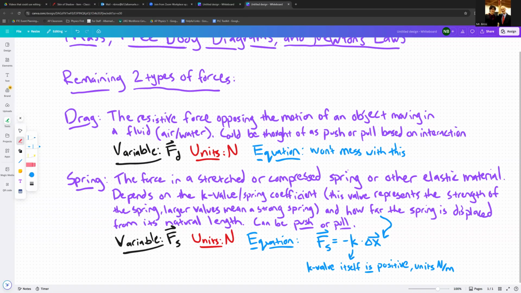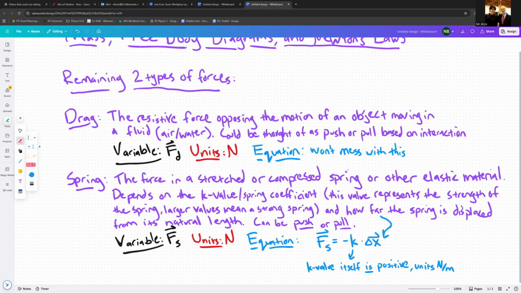But if you have a spring and you squish it in, you compress it to the right, then you might get a positive displacement if you assume that right is positive, and it just depends how far you compress it, right? If the natural length was 0.4 meters and you compress it so it now has a length of 0.2 meters, then you compressed it by 0.2 meters. So that displacement is always going to be how far did you stretch or compress the spring from its natural length to the length that it is now. And that's your delta x.